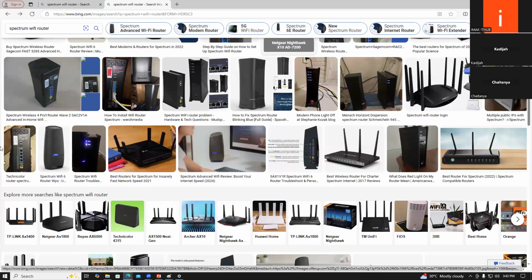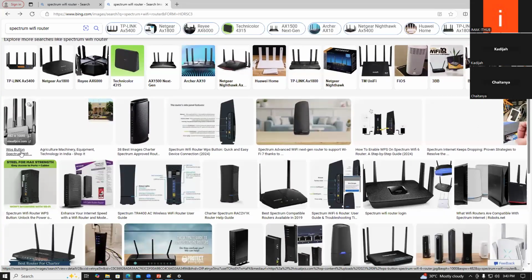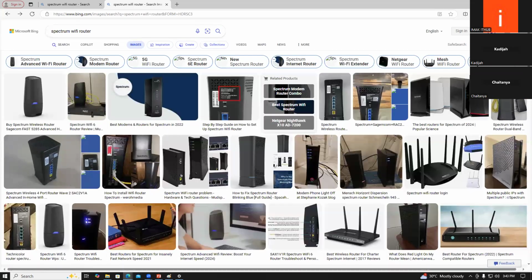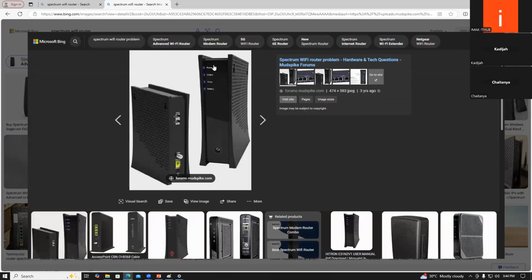Go all the way up. One, two, three, at the bottom. This one? Yes. So you are using this one, right?